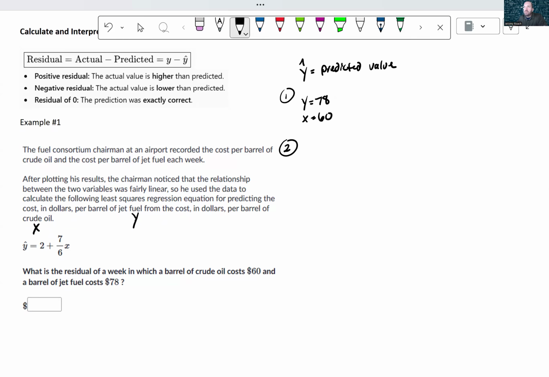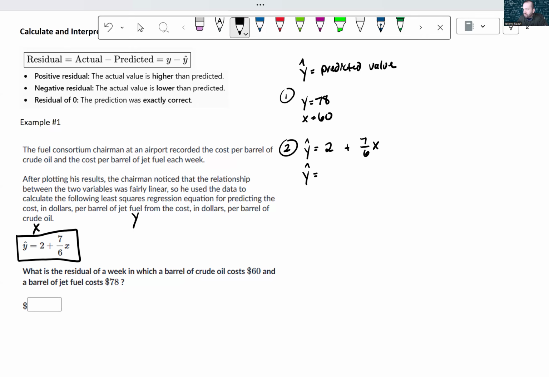Now we're going to determine the predicted value from the equation of the line of best fit, or the least squares regression equation, which is this equation that it gives us here. So the predicted value is equal to 2 plus 7 over 6 x.